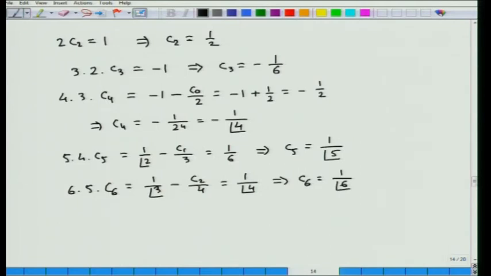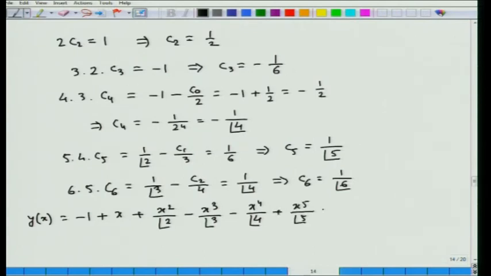So, with these constants, if we write the expression for y(x), we have y(x) equal to minus 1 plus x squared by factorial 2 minus x cubed by factorial 3 minus x to the power 4 by factorial 4 plus x to the power 5 by factorial 5 plus x to the power 6 by factorial 6 minus dot dot up to infinity.